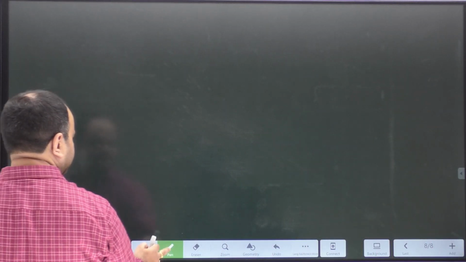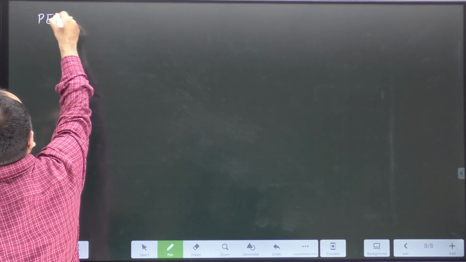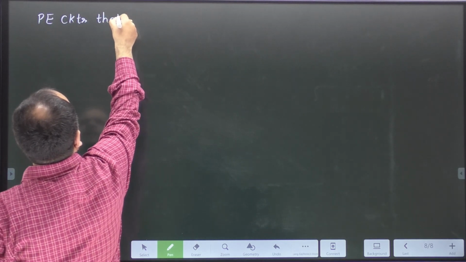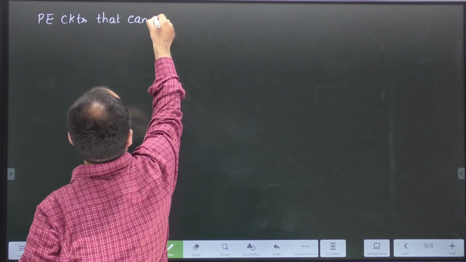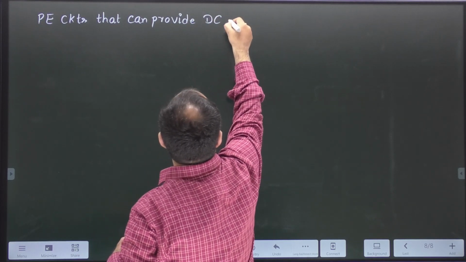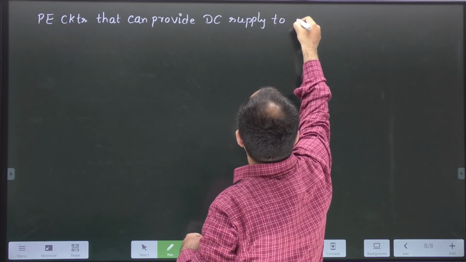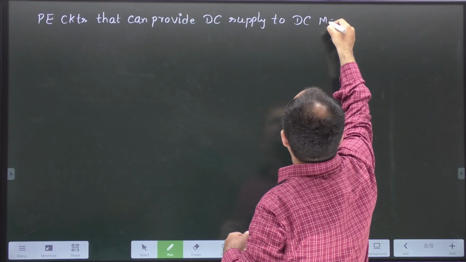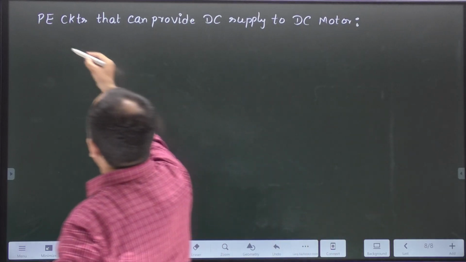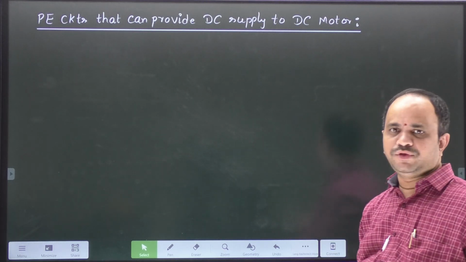Let us write down here: power electronic circuits that can provide DC supply to a DC motor.